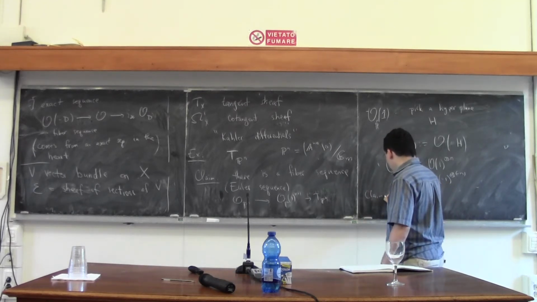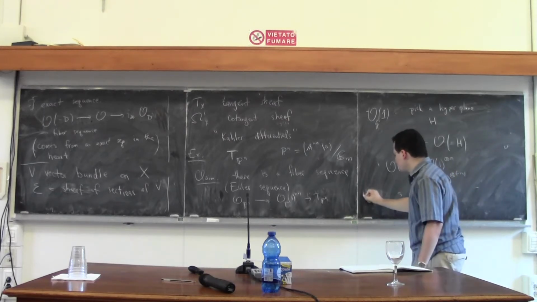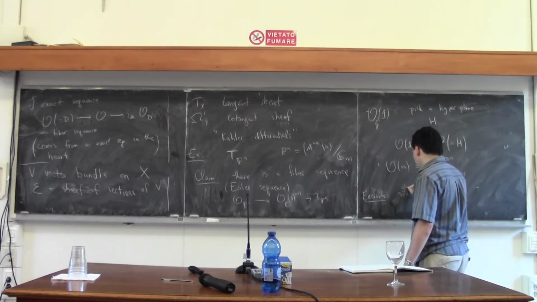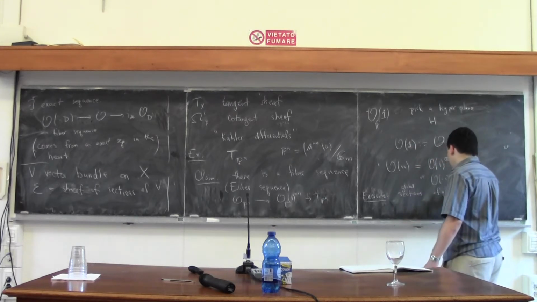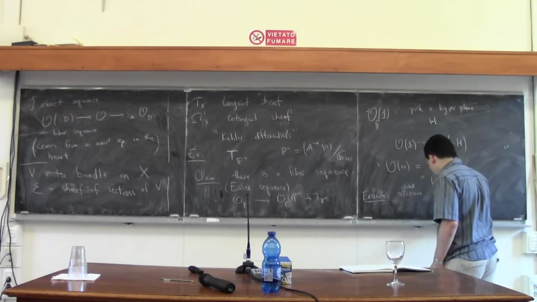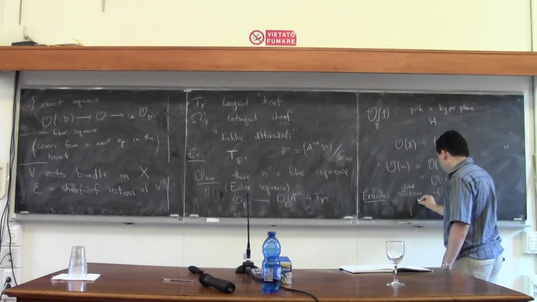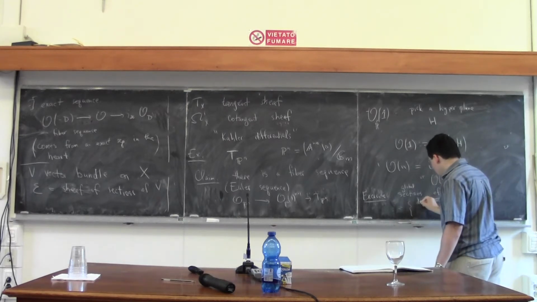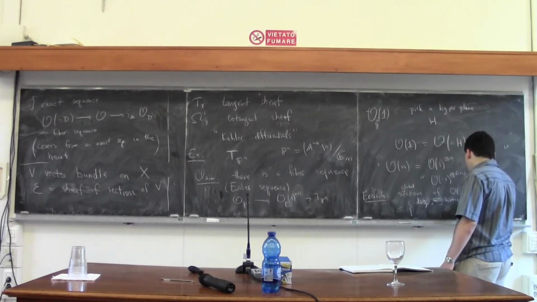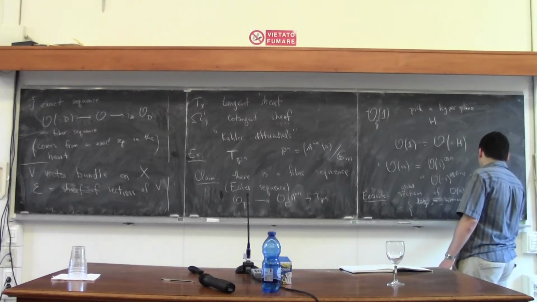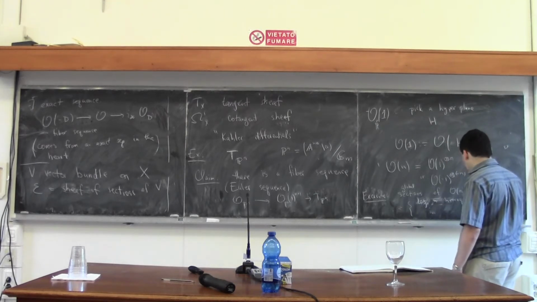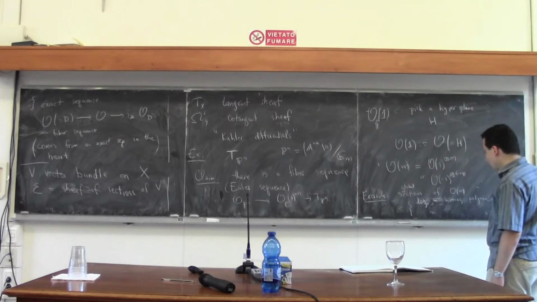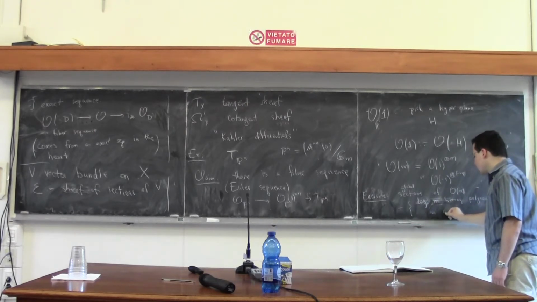One claim, let's say an exercise, is that global sections of O(m) are the same as homogeneous polynomials of degree m in n plus 1 variables.